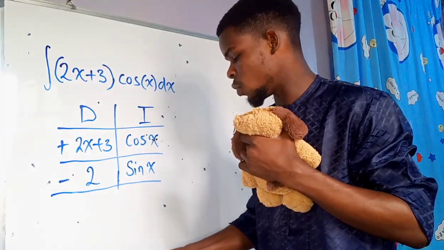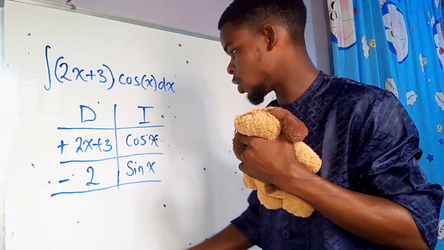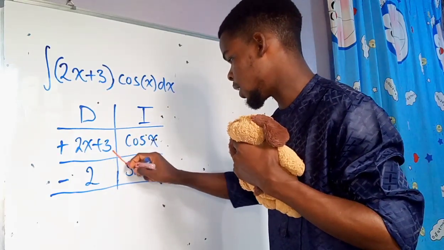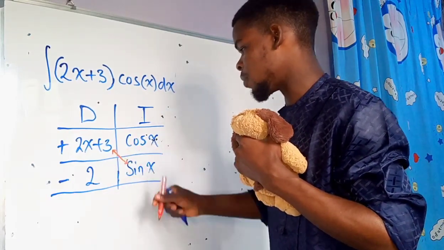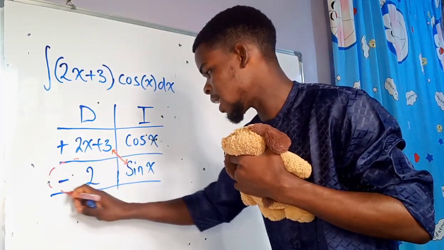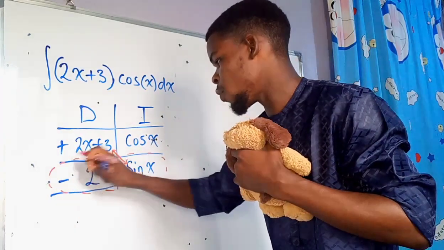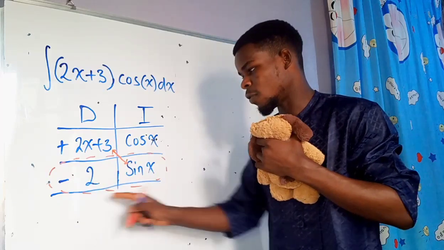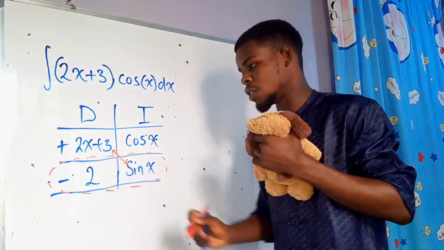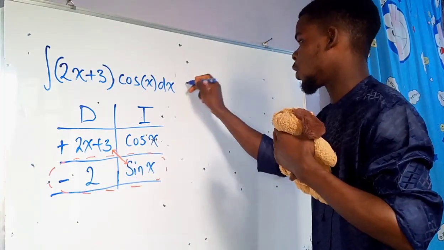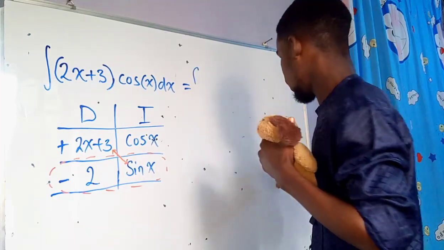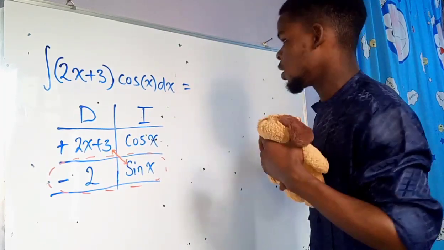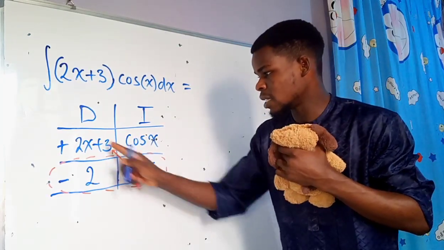What we usually do is we multiply the diagonal, this and that. We're going to multiply them together, and then we also multiply this last row. And this time, when we multiply, we are going to find the antiderivative of the product of these two entries in the last row. So this integral will become, well, let's multiply this diagonal.